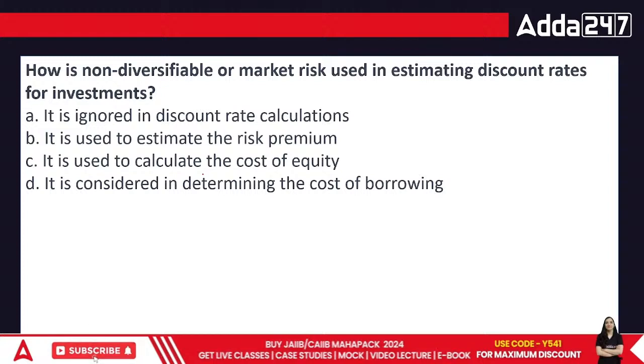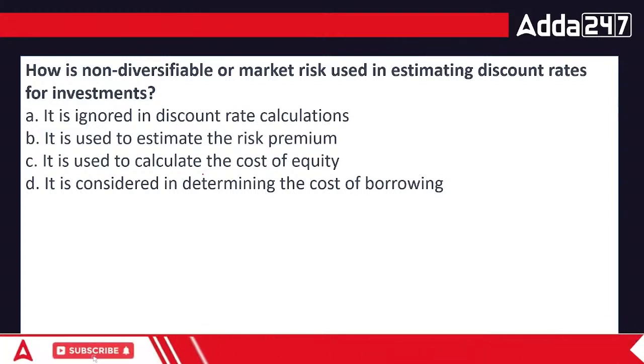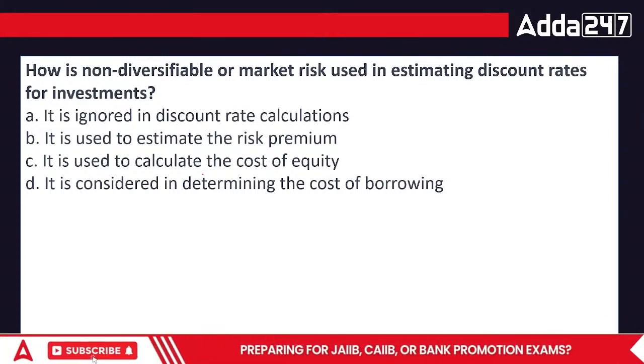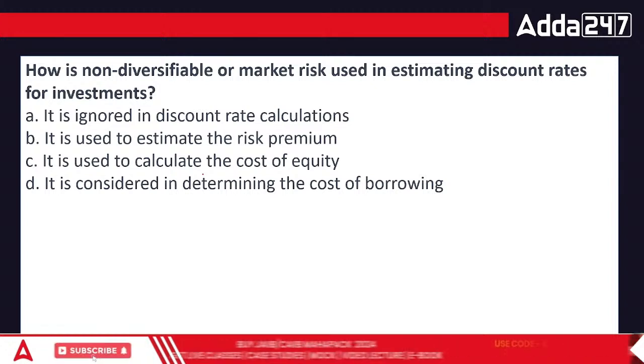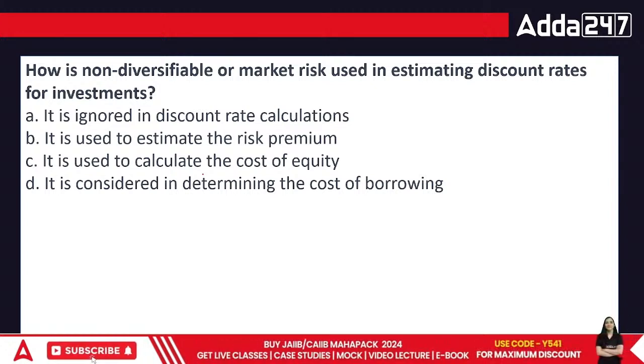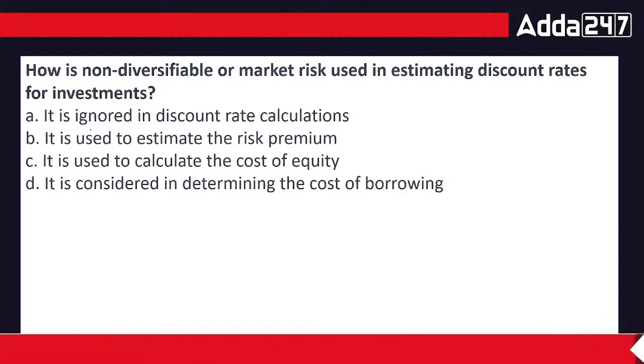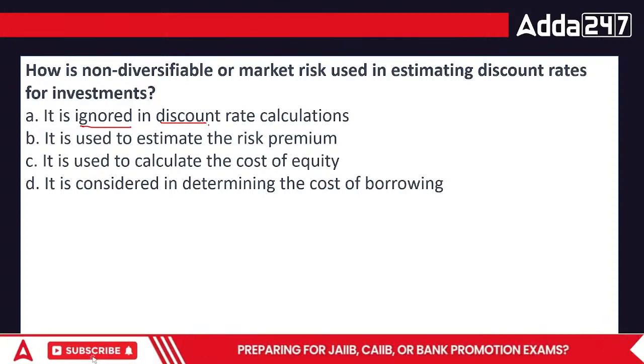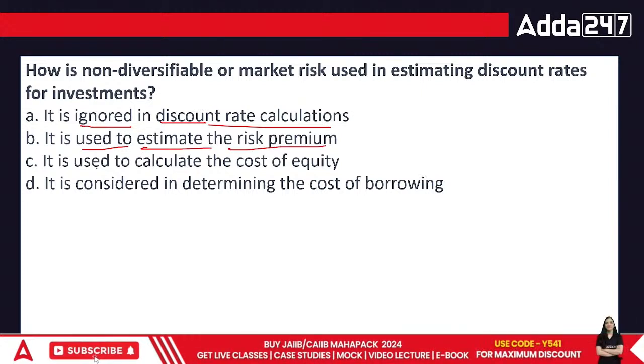How is diversifiable or market risk used in estimating discount rates for investments? It is ignored in discount rate calculations. It is used to estimate the risk premium. It is used to calculate the cost of equity.